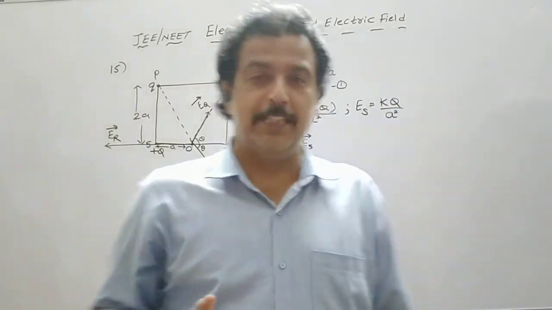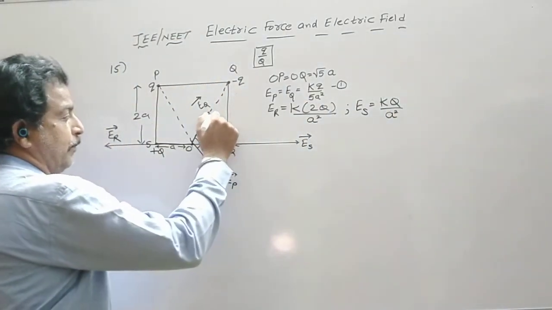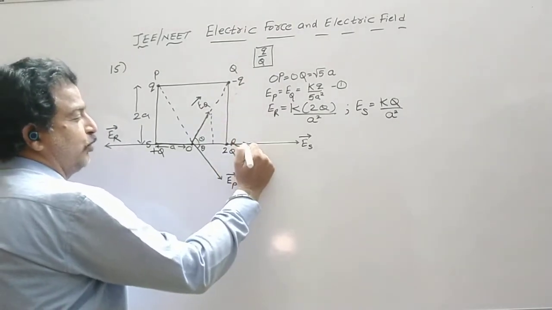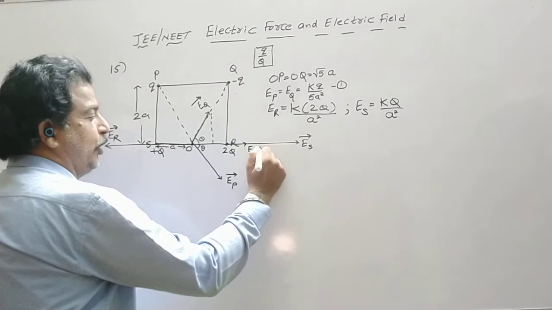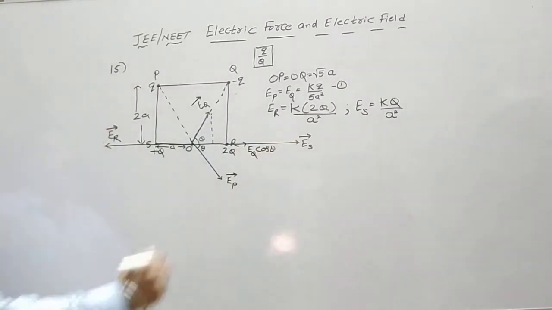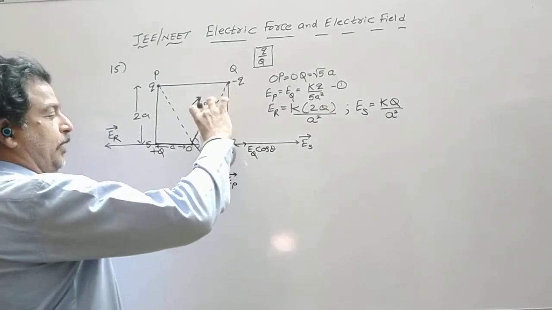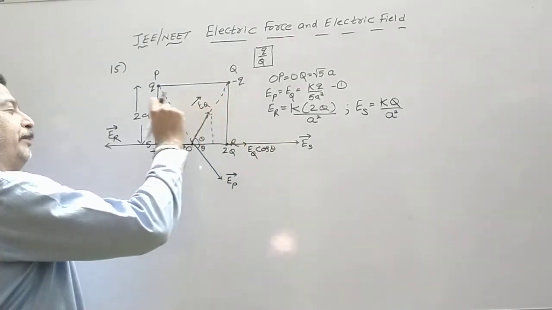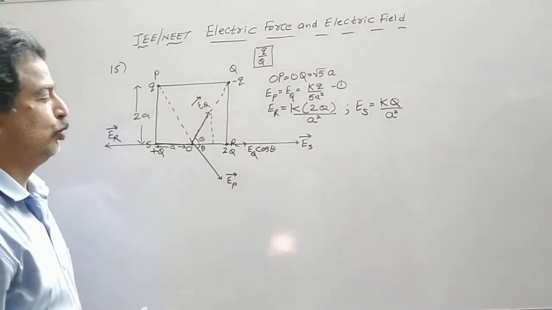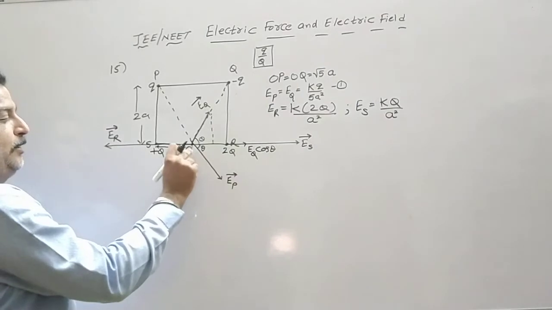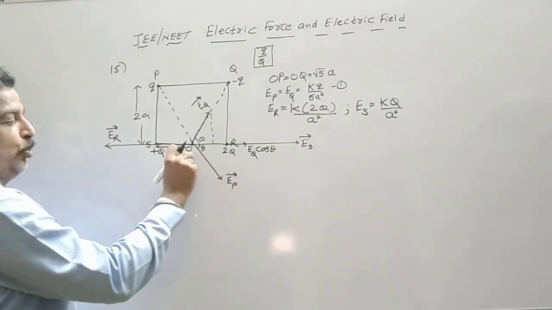So we resolve these components. If I draw a perpendicular, then the component comes out to be EQ cos theta. So I am writing in this direction. This portion is along the x-axis, and if I drop a perpendicular component, it will be EQ sin theta. Then we have to find out that the resultant field at the origin is 0.